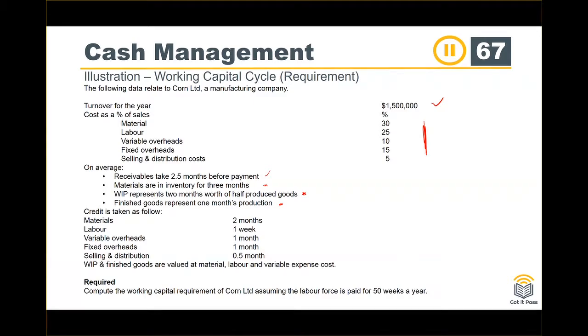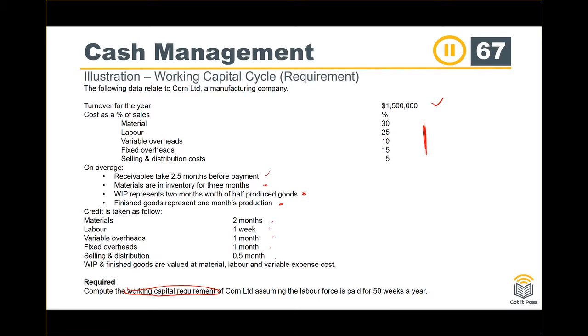And for the credit taken, it means the payables for the materials, for the labor, for the variable overheads, for the fixed overhead, and for the selling expenses. All these payables periods are here. So in this question, you just work out how much working capital is required for this business.